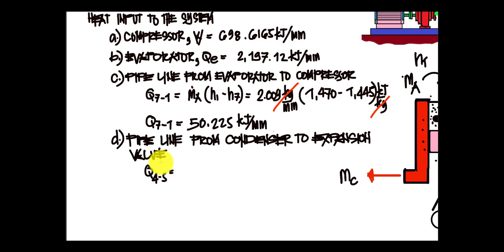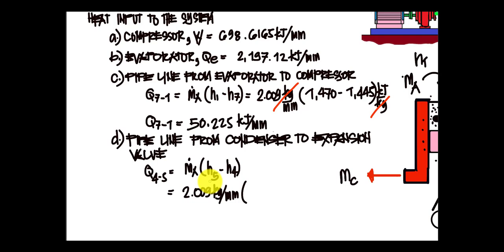We have the mass flow rate of ammonia again, multiplied by the change in enthalpy from 5 to 4. The mass flow rate is 2.009 kilogram per minute.